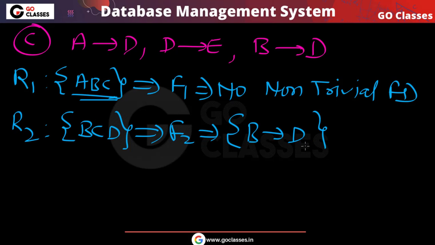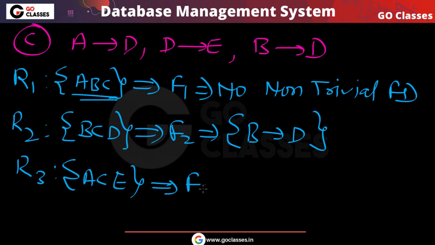This is the only functional dependency that will hold on these attributes. Now R3 means ACE. A can determine E because A can determine D and D can determine E. Nothing else, so this is the only functional dependency we have.